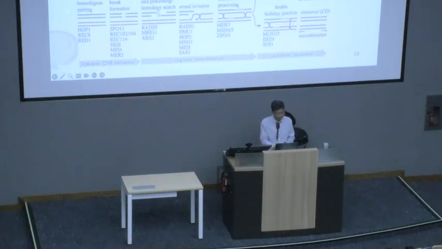So you see, the DSB actually happens quite early in leptotene, and the crossover actually already happens in the zygotene.